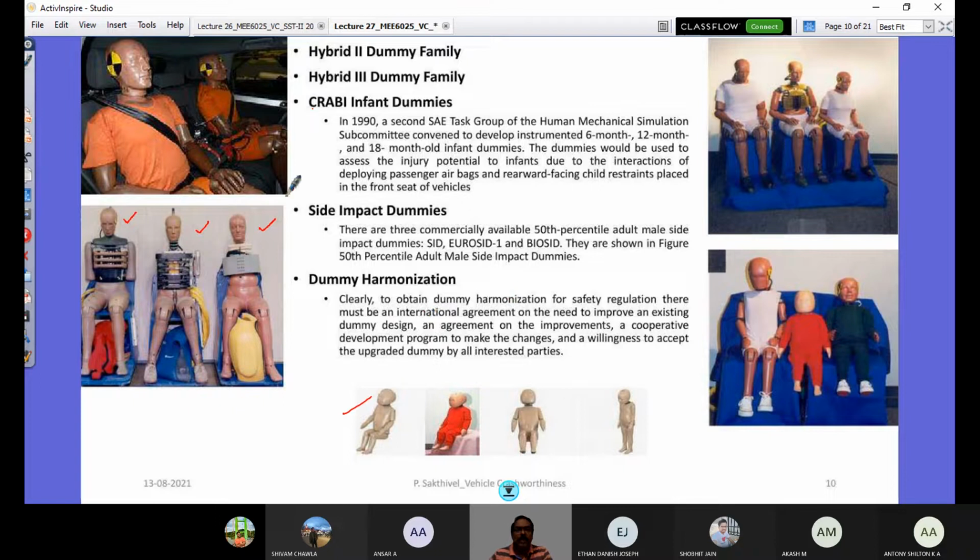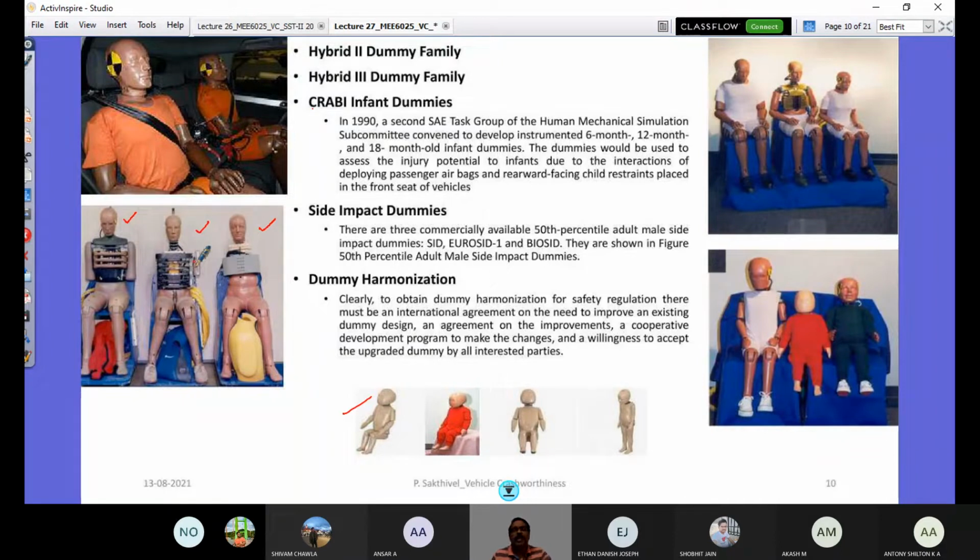In side impact, the primary concern is the rib cage design. That's very important. The rib cage displacement should exactly resemble how our ribs would displace in the event of the compression load going into the human with the crash pulse acting on them.